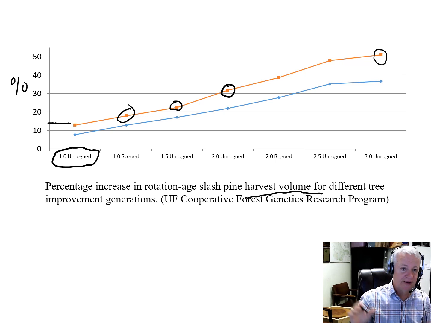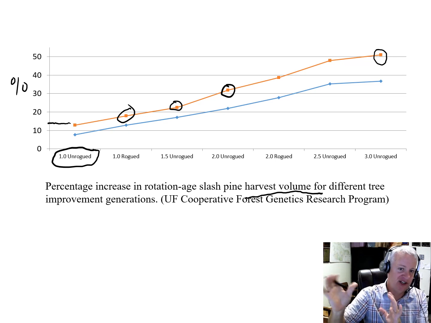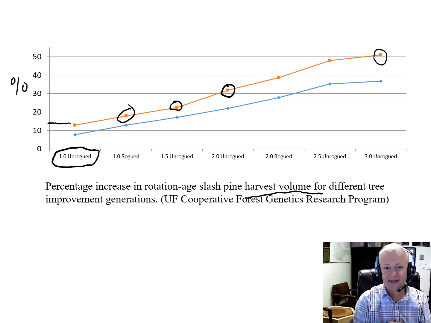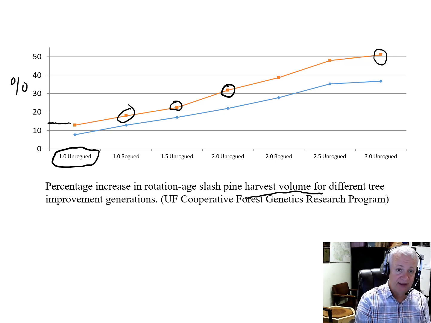If you took wild seed and planted it, and next to it you planted a stand of third generation unrogued material, that third generation material would produce 50% more volume at rotation age than that unimproved material. That's pretty impressive. So that's sort of the scale of improvements that you see with modern tree improvement.